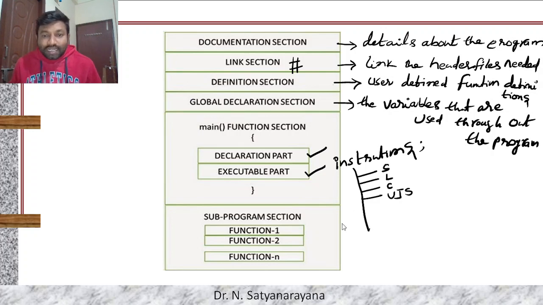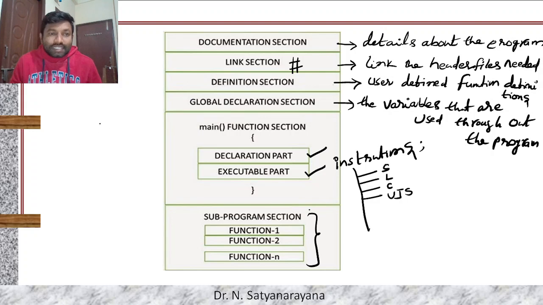As I said earlier, you can write the definitions either outside the main function, at the bottom of the main function, or at the top of the main function. So what is the point?